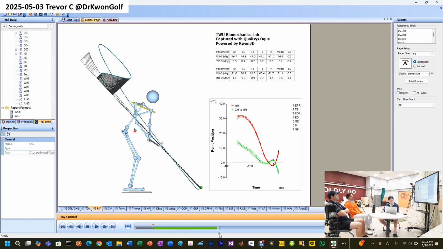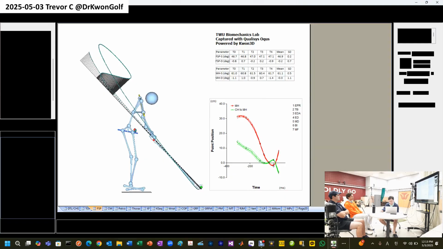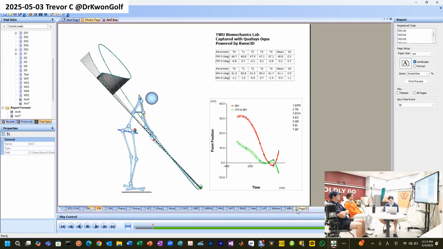Then pretty much on the way down, you will see that your hands and club are staying above or on the swing plane here. The hand touches the swing plane and then goes above here.